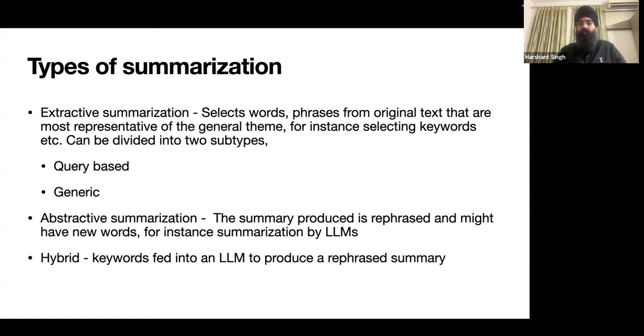Now there are a few types of summarizations that are mentioned in literature. The first one is extractive summarization. It basically selects words and phrases from the original text, which are most representative of the document. For instance, some sort of key phrases that it can select. The key point is that it doesn't rephrase the information that is there in the document.